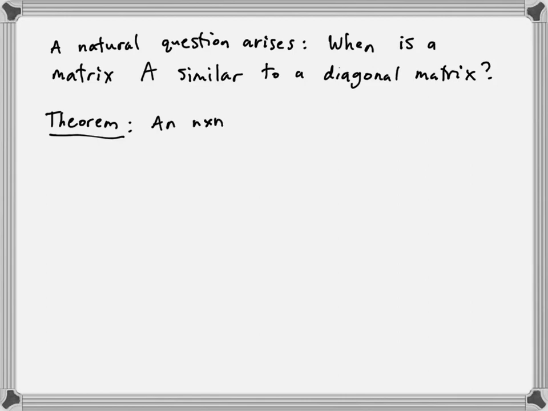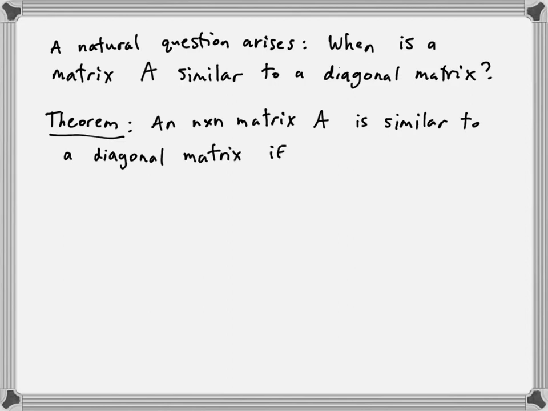An n by n matrix A is similar to a diagonal matrix if and only if A is non-defective.